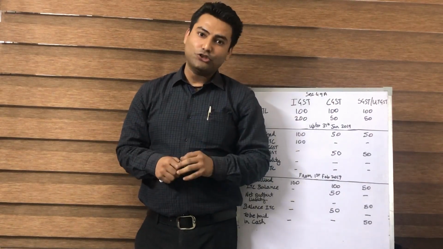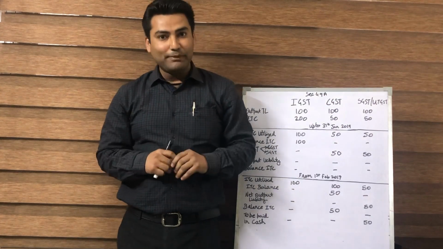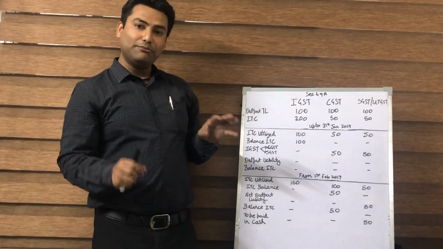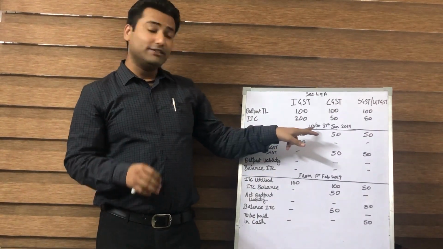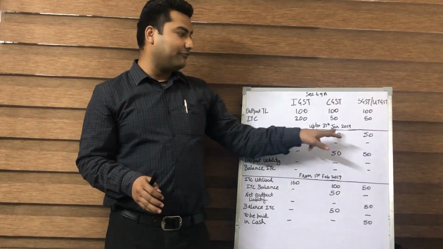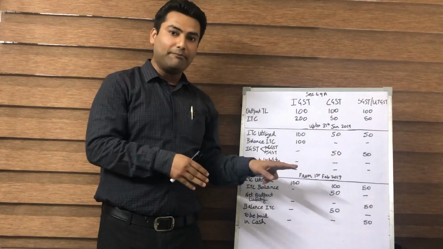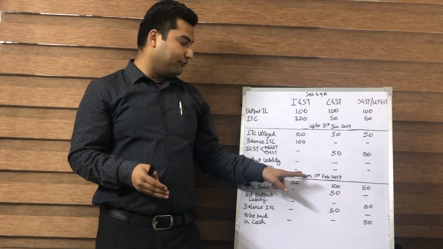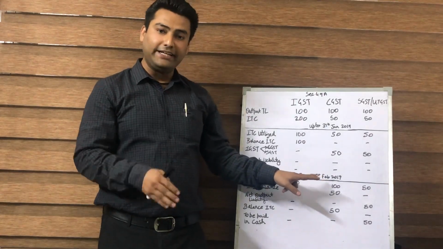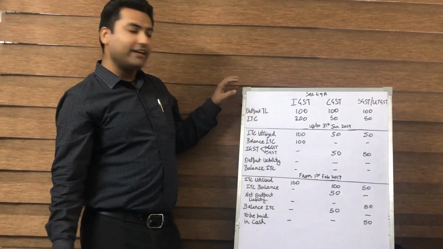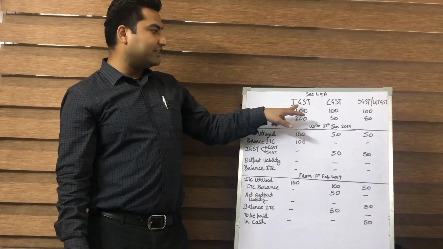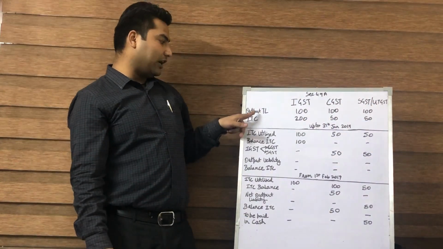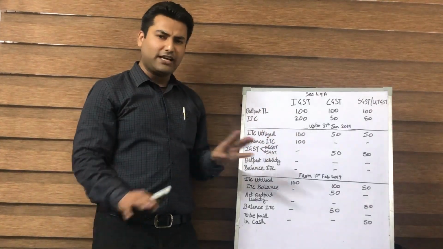This can be understood with the help of a very simple example which has been displayed over here. I'm going to talk about the scenario up to 31st January 2019, what used to happen till 31st January, and what will happen from 1st Feb 2019 onwards. So here is the question. It says IGST, CGST, SGST or UTGST. I have an output tax liability of 100 rupees each.